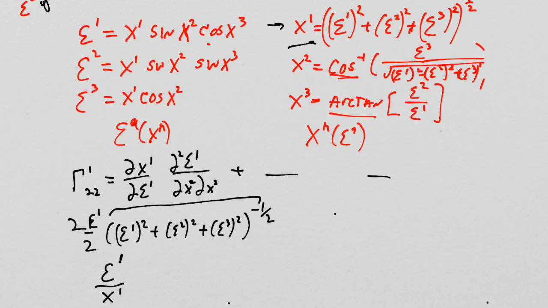So the first term is c1 over x1. When I say first term, I mean the first factor, right? We're working on the first term of the sum of this thing, and now we're attacking the first factor of that term. So I think that first factor is c1 over x1.